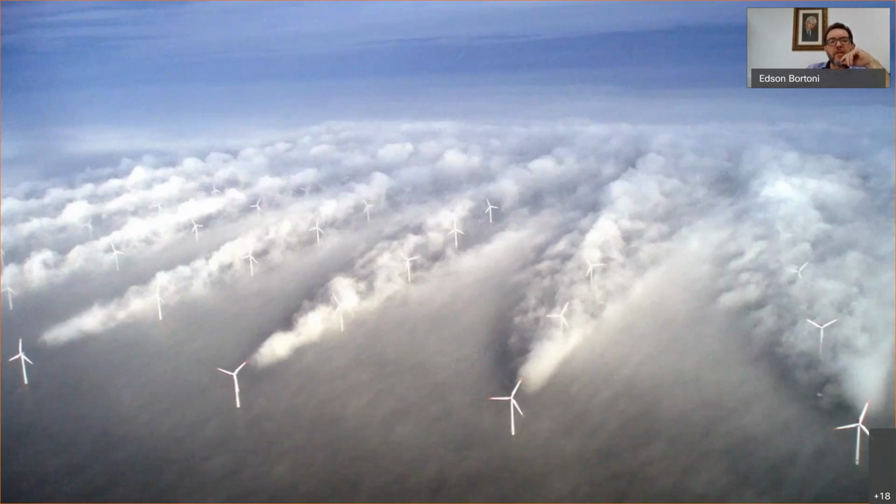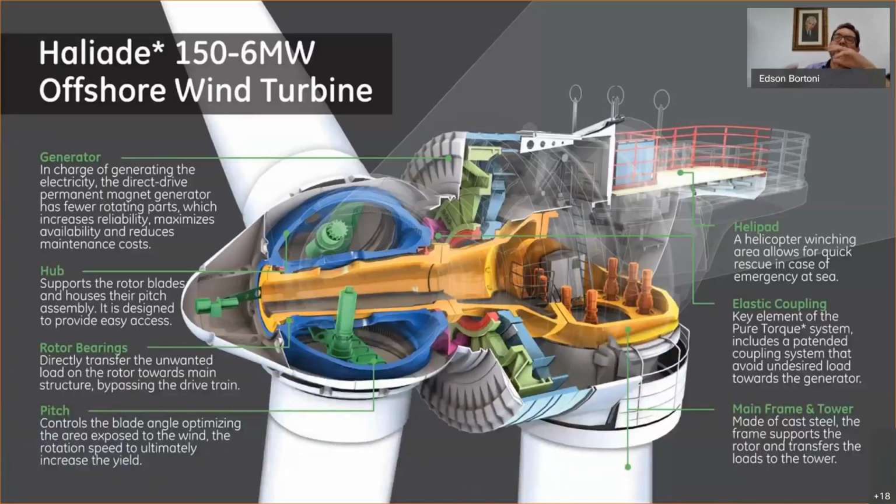Very nice picture here. As you are in the sea now, you want to reduce the maintenance costs, so you take the speed amplifier out of the solution, because the speed amplifier requires a lot of maintenance.